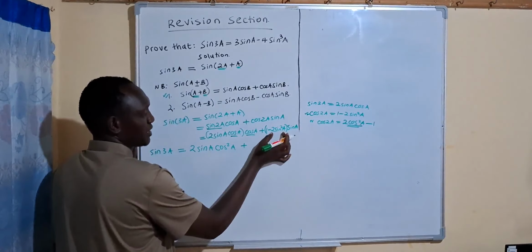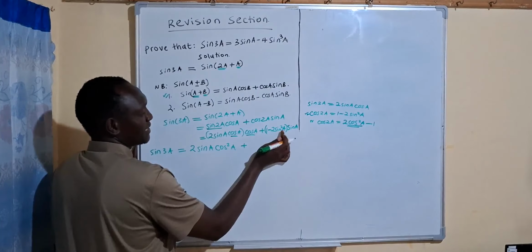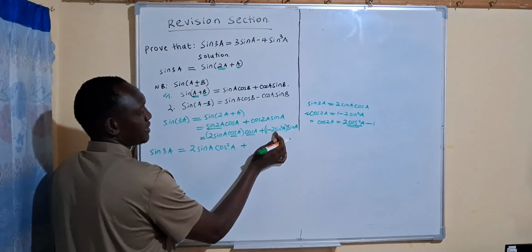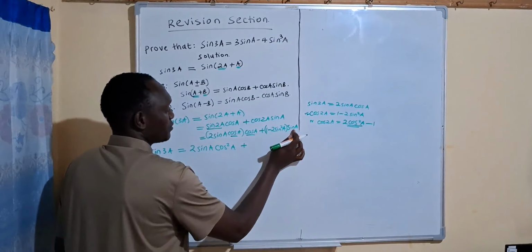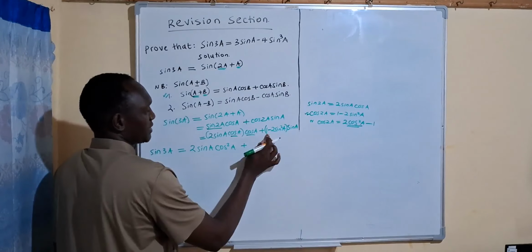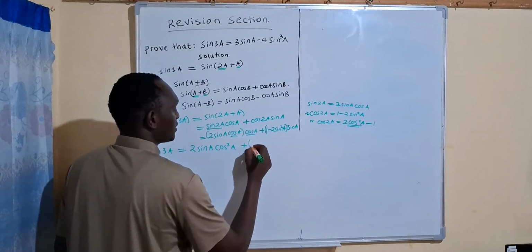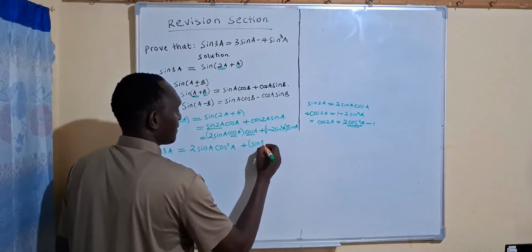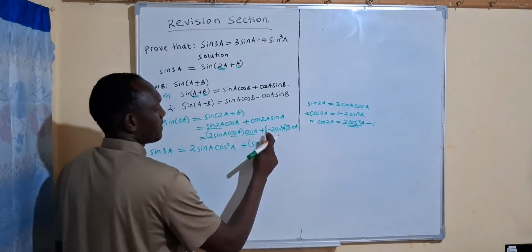Inside here there are two terms. The first term is 1, and the second term is negative 2 sine square a. So sine a is going to multiply all the terms in the bracket. So sine a times 1 gives us sine a.